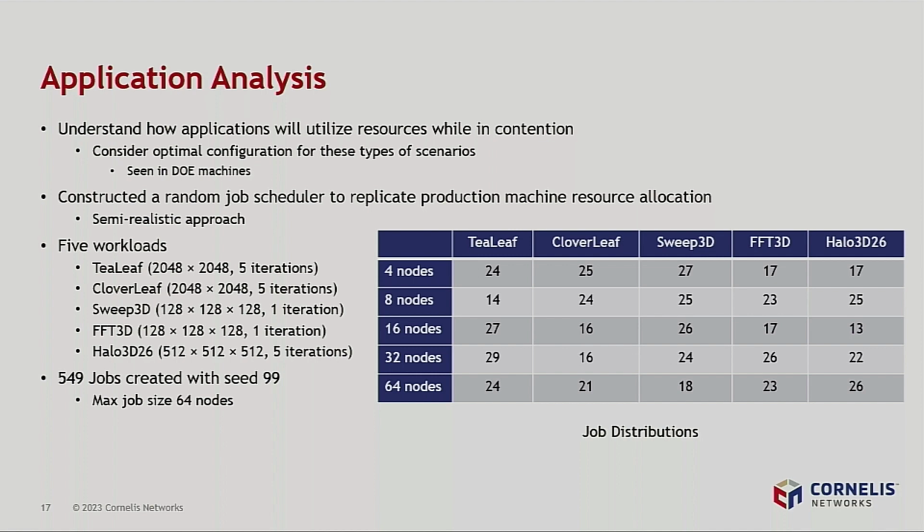We used random seed 99 as our baseline to generate some jobs, and we generated 549 jobs from 4 nodes up to 64 nodes, because these are what you'd typically see on a small scale system, and then you can just see how they're going to interact and what's going to happen.